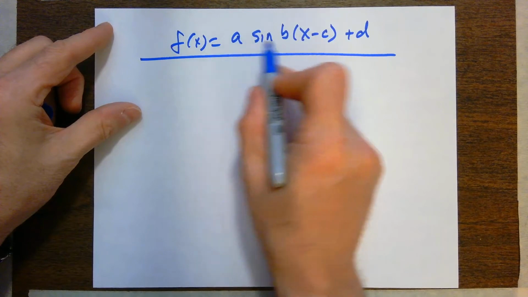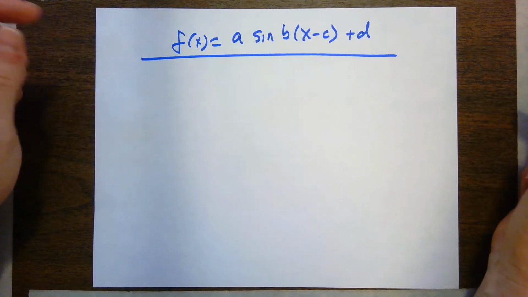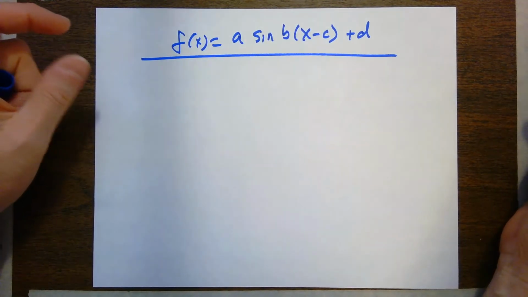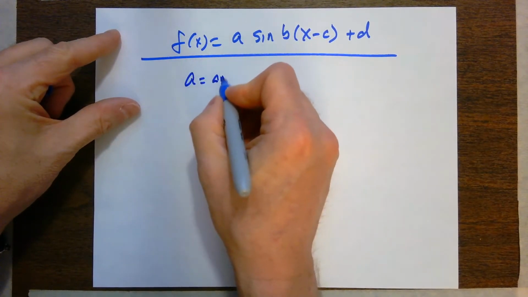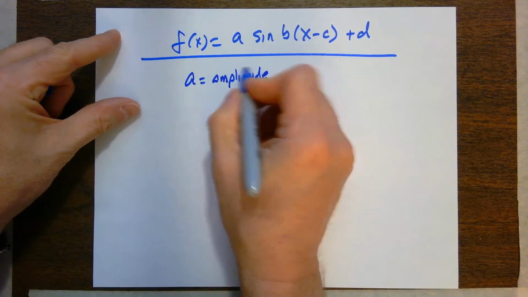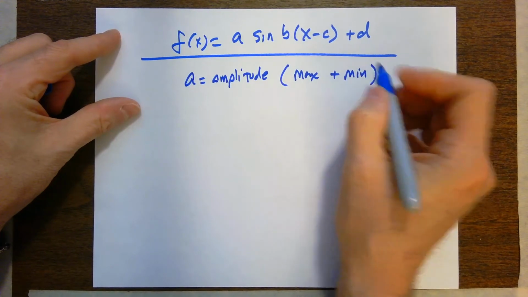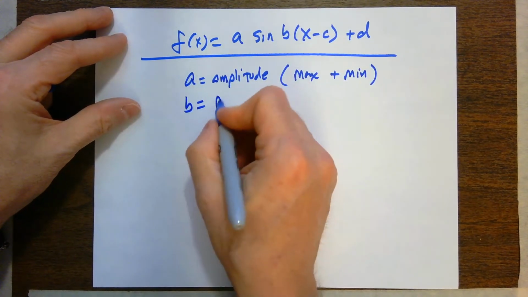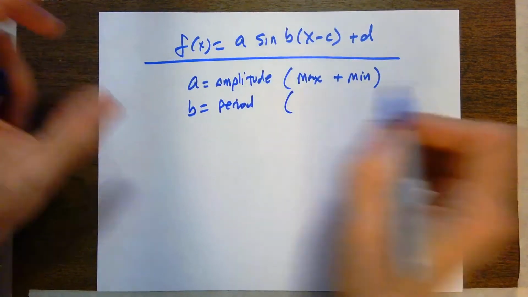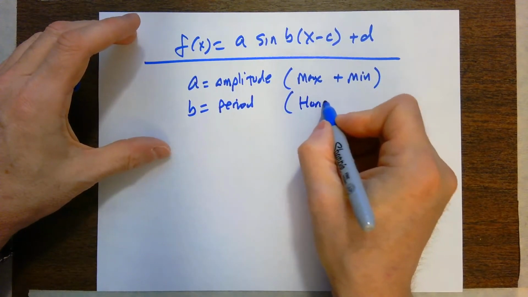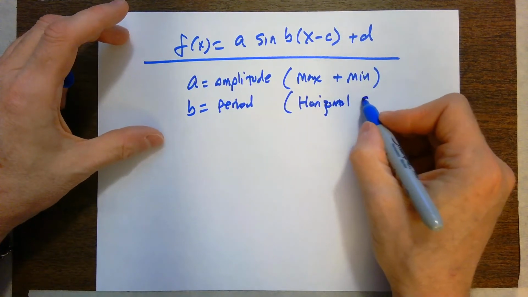I want to briefly talk about these different things, because I want you to look at these through the eyes of transformations. All the different transformations taking place. The a is something called the amplitude, and what it changes is the maximum and the minimum values. The b has to do with the period, which is a horizontal compression or expansion, horizontal stretching.